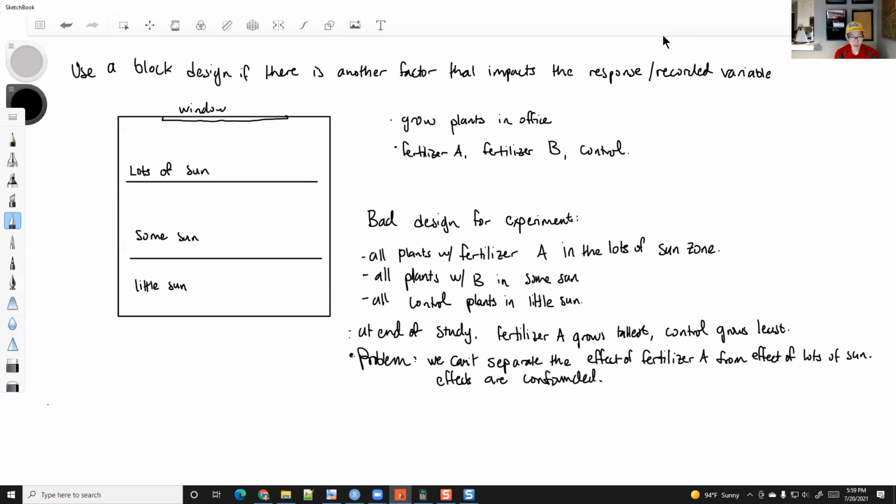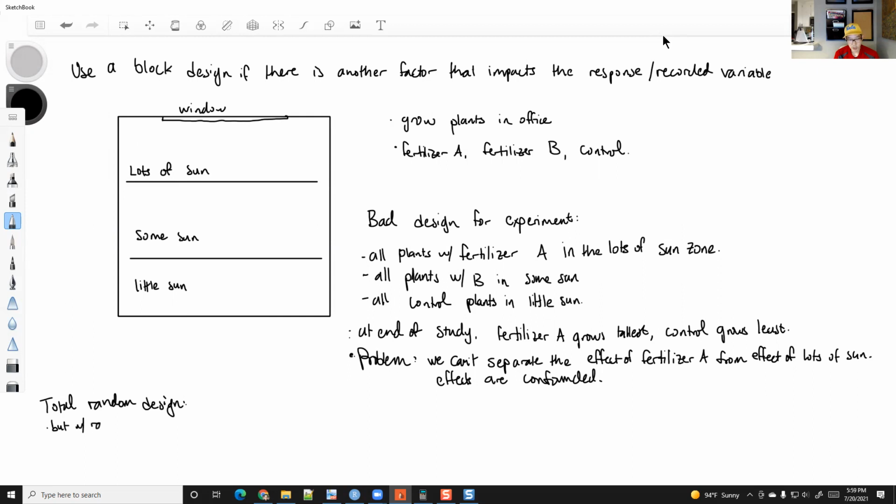You can also have a totally random design, where you randomly mix them up: some fertilizer A here, some fertilizer B there, some control over here. But it's still possible, because of randomness, that more fertilizer A ends up in the lots of sun group.